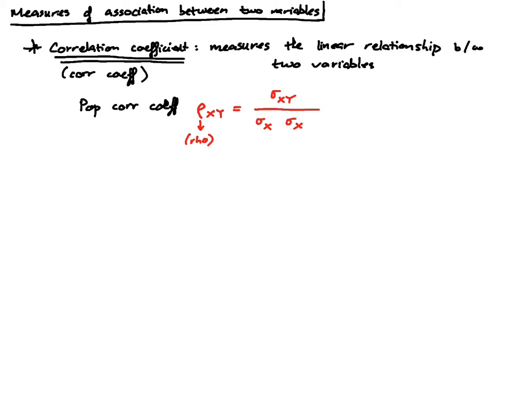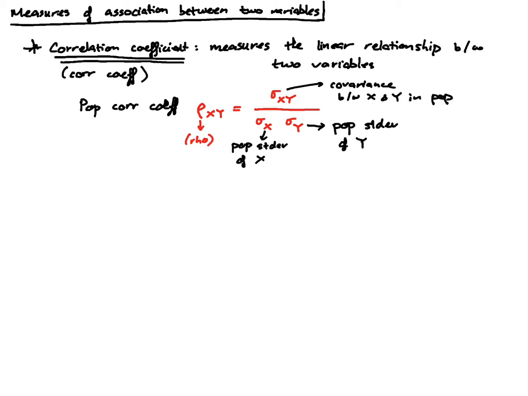And just to remind ourselves, sigma xy is the covariance between x and y in the population. Sigma x is the population standard deviation of x, and over here we should have sigma y. And sigma y is the population standard deviation of y.